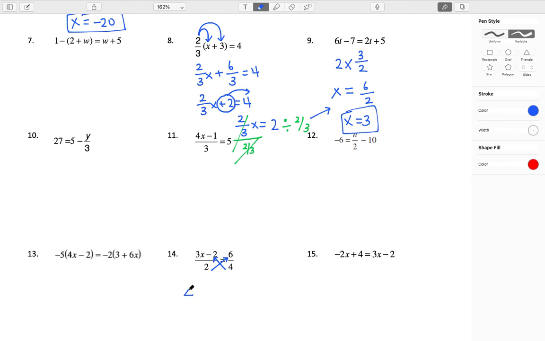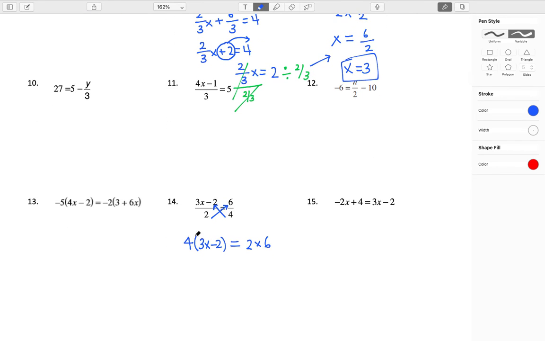So it's going to be 4 times 3x minus 2 equal sign 2 times 6. Then I will be doing distributive property here. 12x minus 8 is equal to 12. So just by cross multiplying, we get rid of a fraction right away. And this can only be possible when you have one fraction equals another fraction.